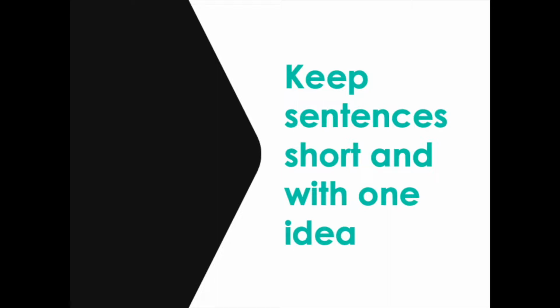So we already mentioned this concept in an earlier lesson, but it's one that's so important, I thought I would like to bring it back and talk about it specifically again in this final lesson. Let's look at an example of a sentence that is too long and/or has more than one idea.